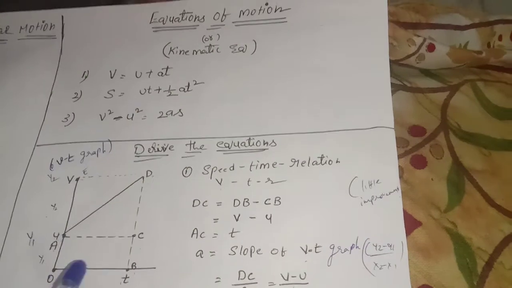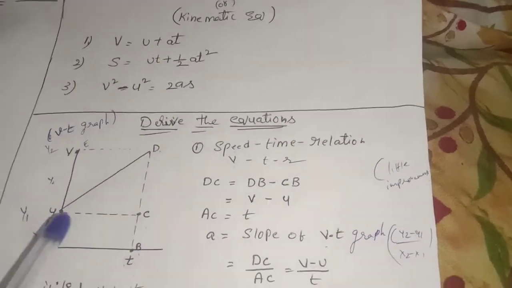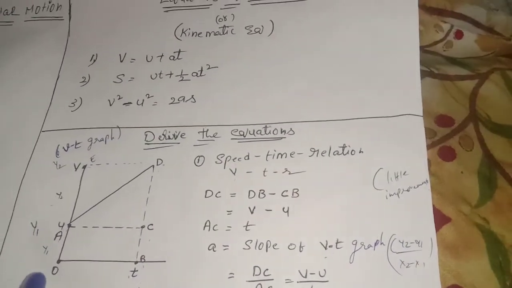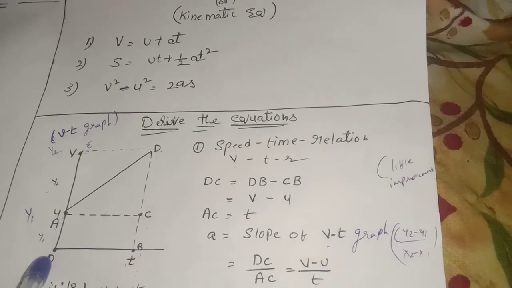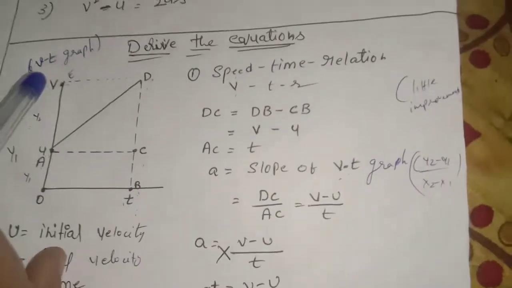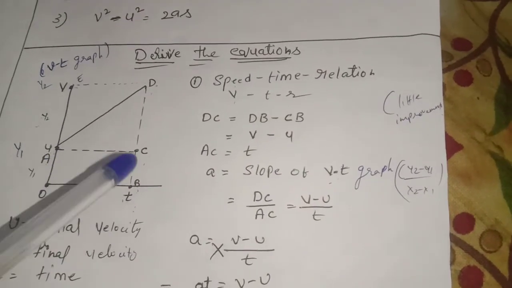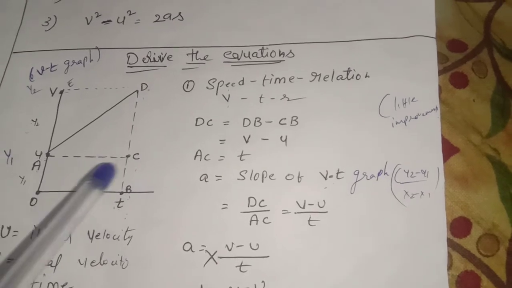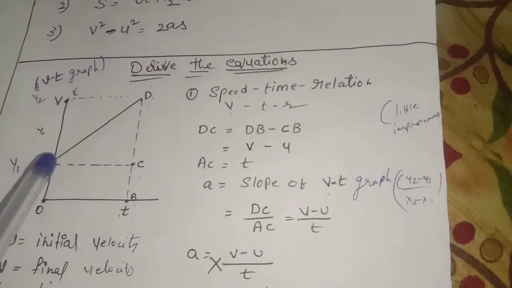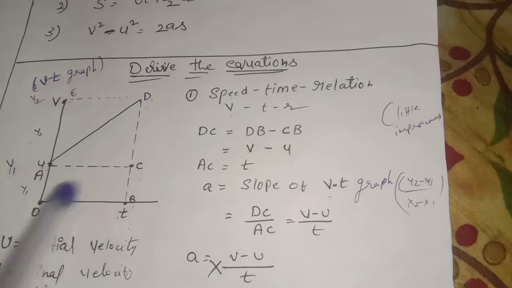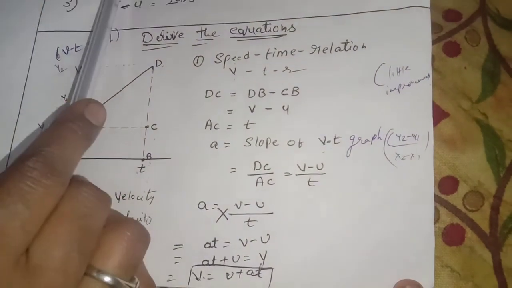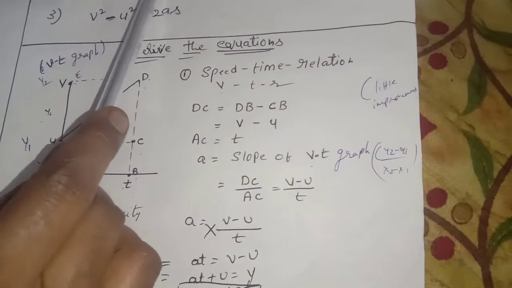So you can see here is the rest position. This is the x-axis, y-axis, but the velocity is starting at the U point, not at the rest position. What is the first equation? V is equal to U plus AT.